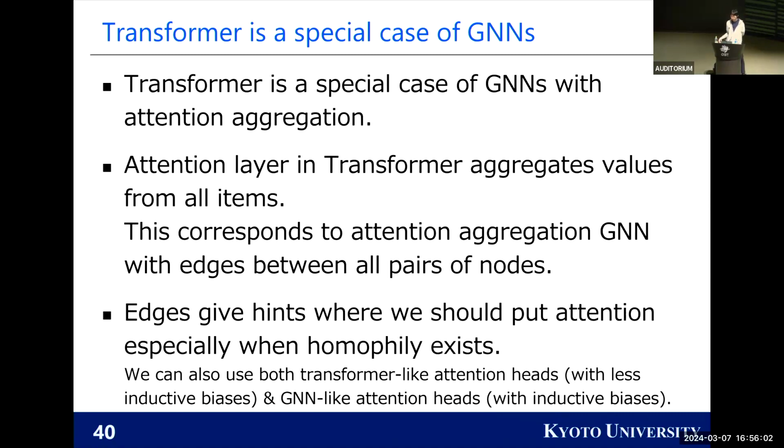By doing so, we can ensure that such models are better, or at least at the same level as the transformer. In general, GNNs can use flexible graphs and edges rather than complete graphs, and edges give hints about where we should pay attention, especially when homophily exists. If we have a relation that homophily shows, then this is a strong signal that we should pay attention to that node.